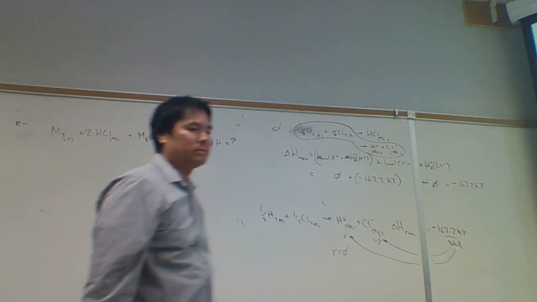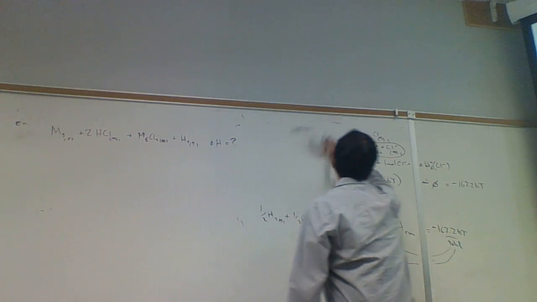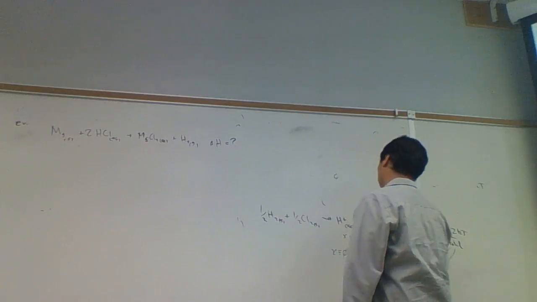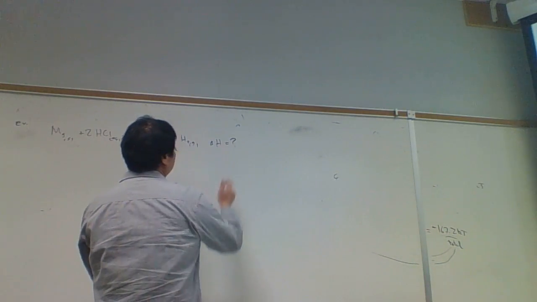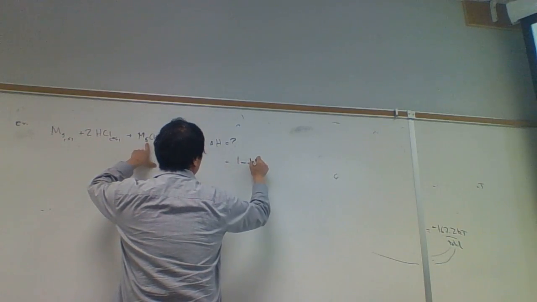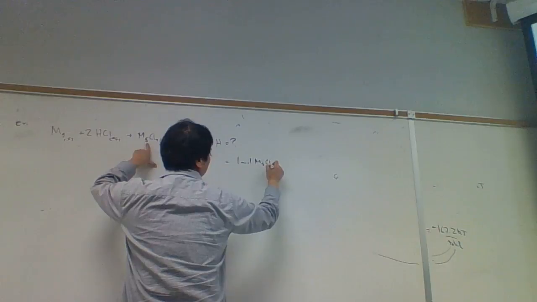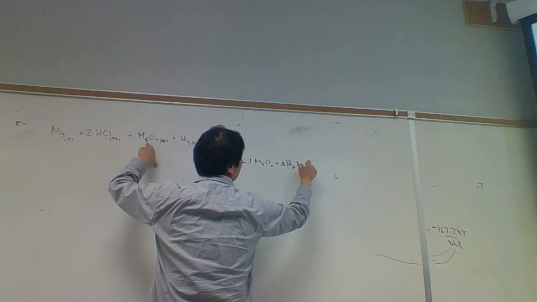All right, I want to figure out what the delta H for this reaction is. Well, what I'm going to do is I'm just going to use the Hess's law with formation reactions. That would be the easiest. So let's try that. All right, so that means I have 1 mole of magnesium chloride, that's my nu, times delta H of formation for magnesium chloride AQ.